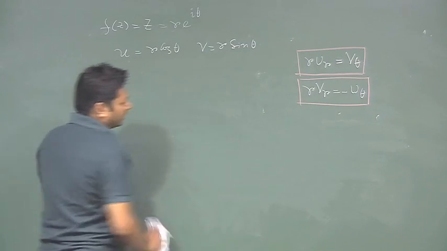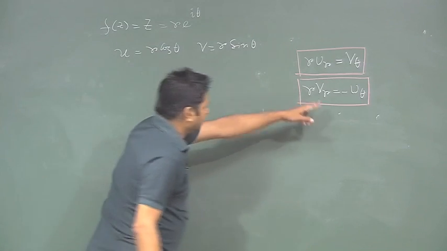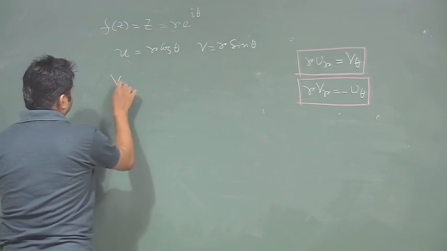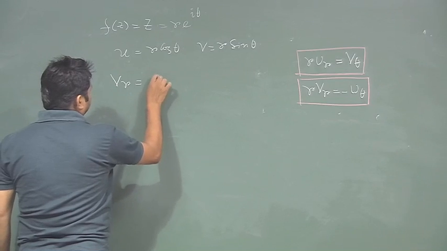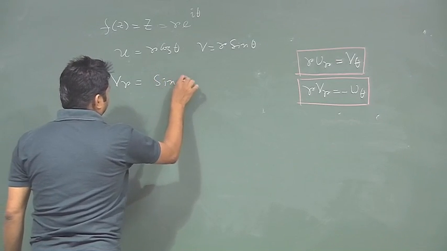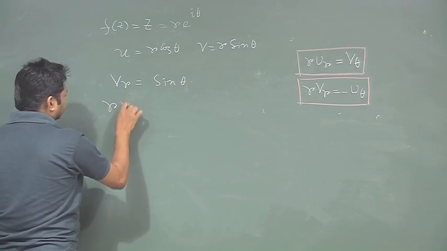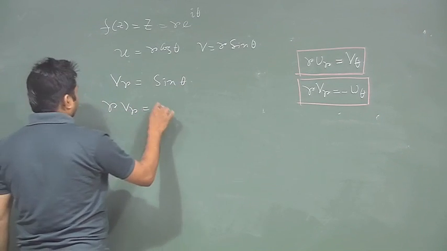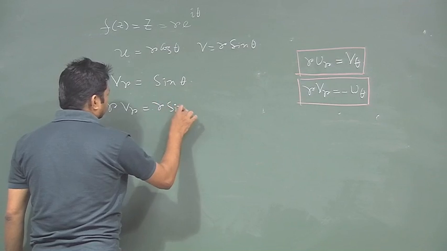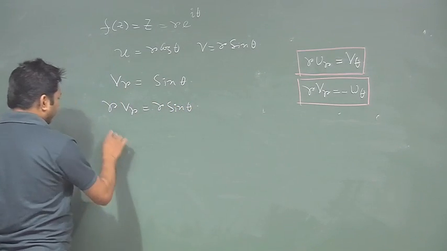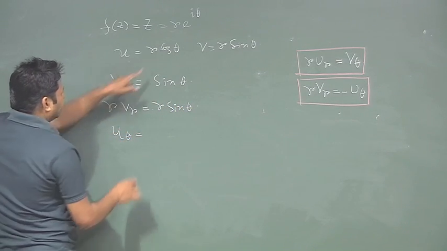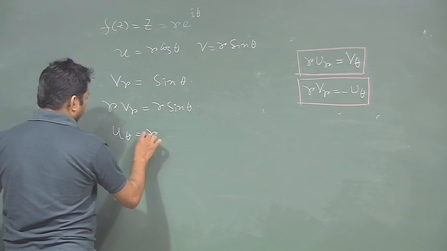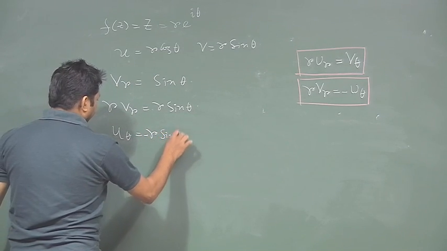What about the second one? Is r V r equal to minus u theta or not? So, V r is sin theta. r V r is r sin theta. And what is your u theta? u theta is the derivative of this, so r with a negative sign, minus r sin theta.